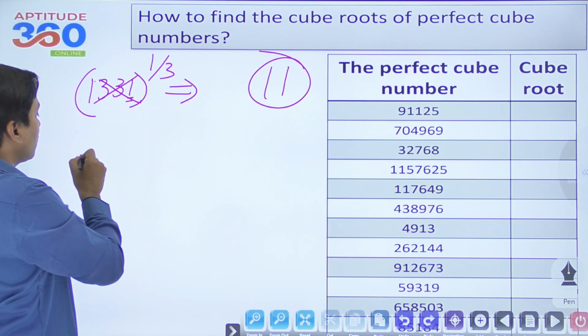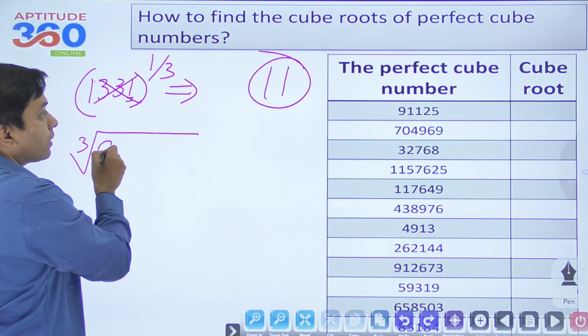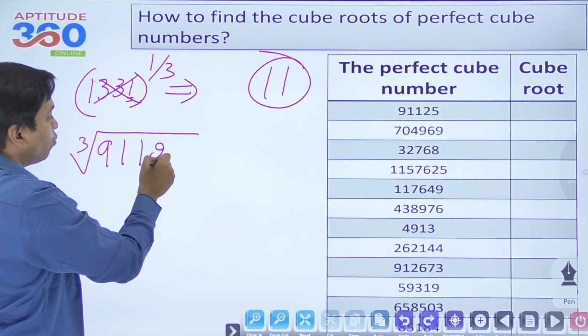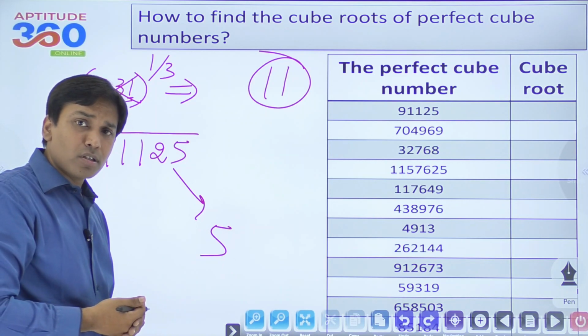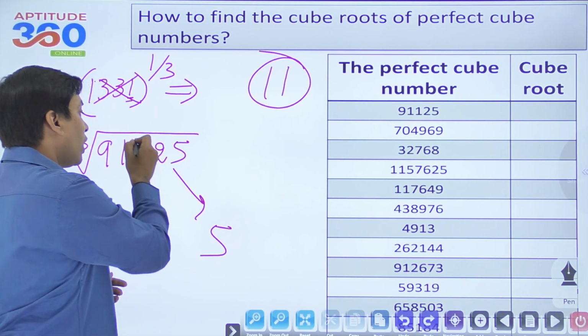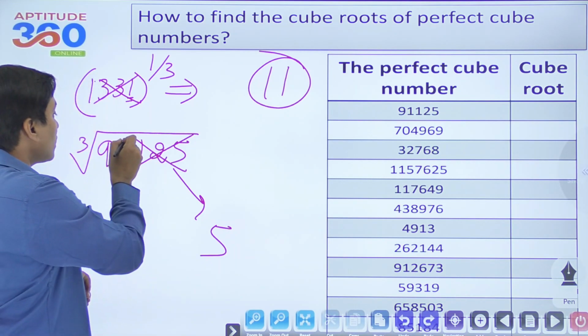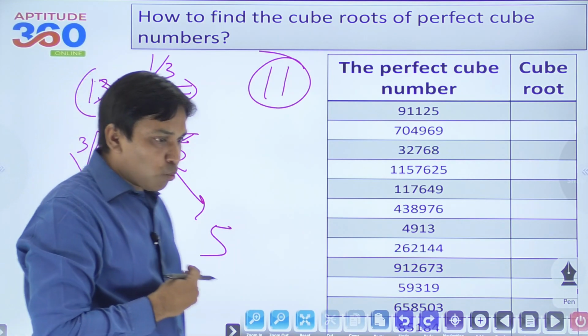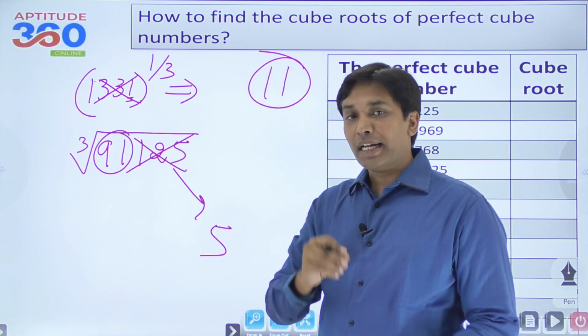Now let us do this problem. I need to find out cube root of number 91125. If it is 5, it is 5. Does not make a difference. And what do you have to do? You have to discard the last 3 digits. And what is that you're left with? You're left with 91. And what is the number which is a perfect cube and less than 91?